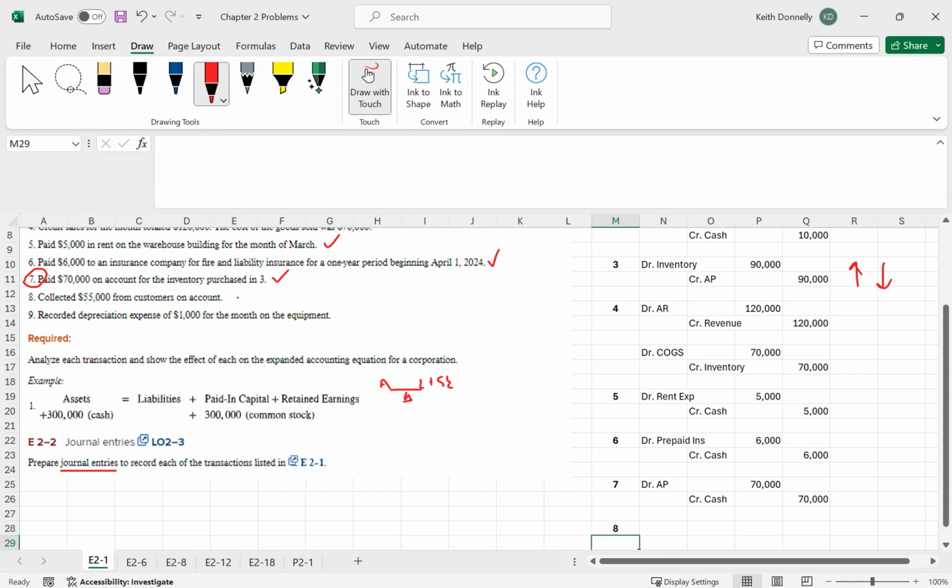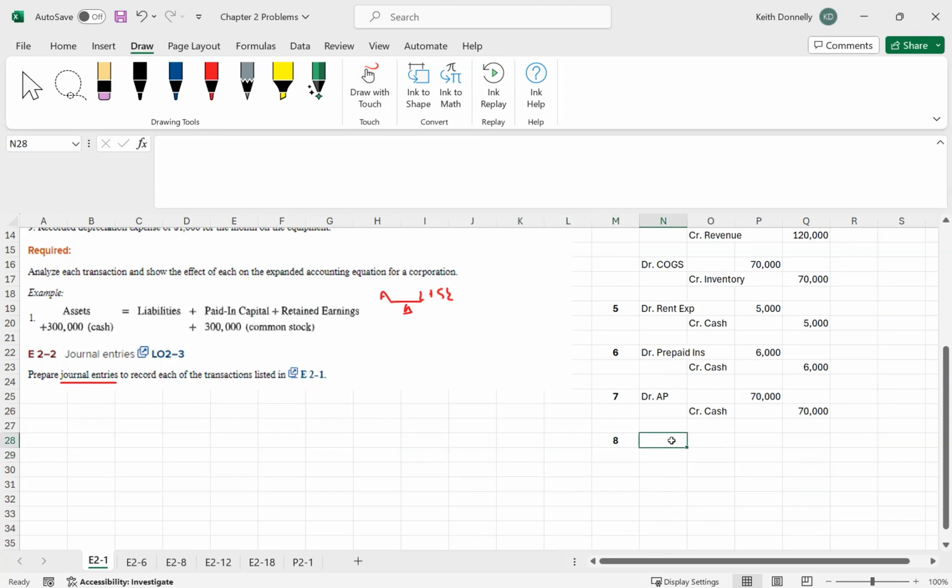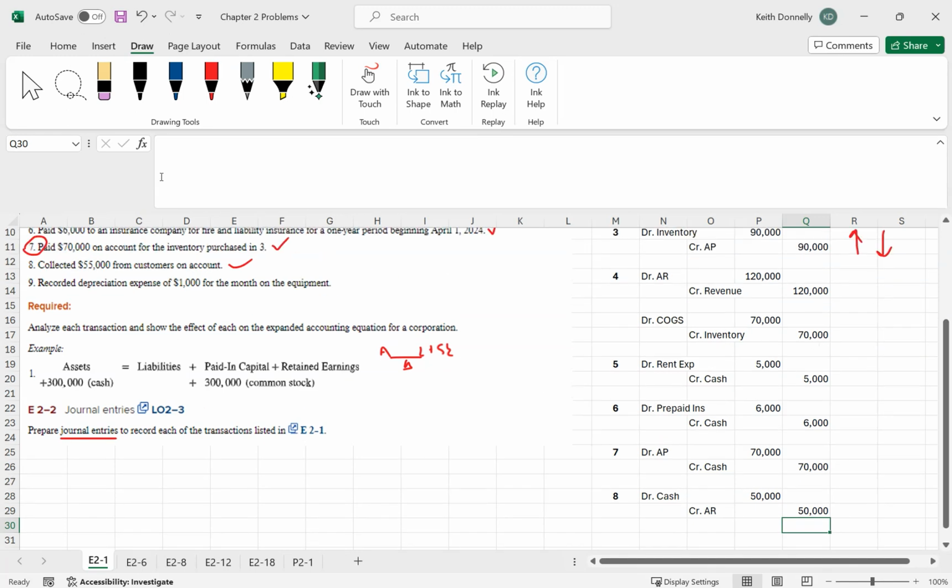All right, 8 here. We collected $55,000 on account. What that means is somebody owed us money and then they paid it to us. So debit cash, 50,000, and then credit accounts receivable, 50,000. Put the little tick mark there.